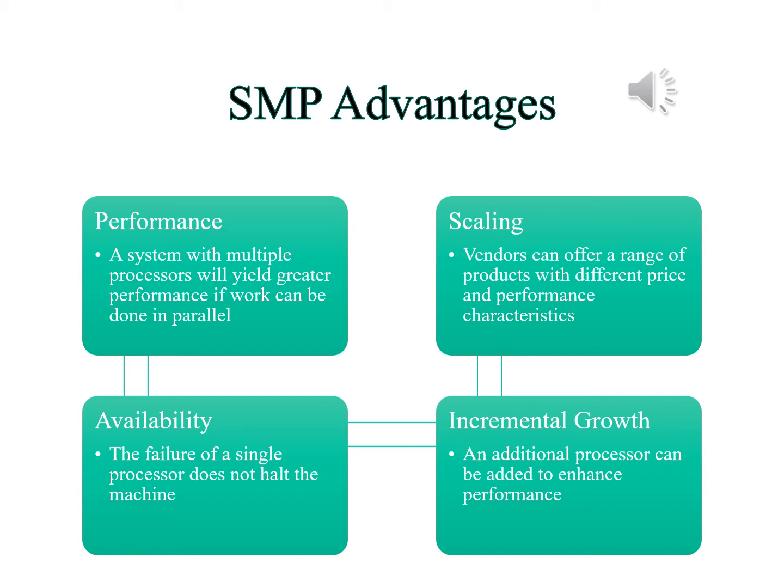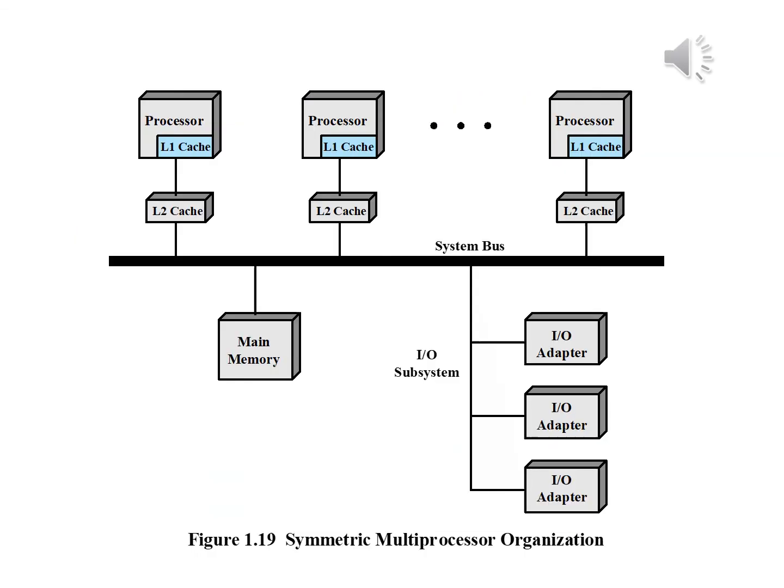The operating system must provide tools and functions to exploit the parallelism in an SMP system. An attractive feature of an SMP is that the existence of multiple processors is transparent to the user. The operating system takes care of scheduling of tasks on individual processors and of synchronization among processors.